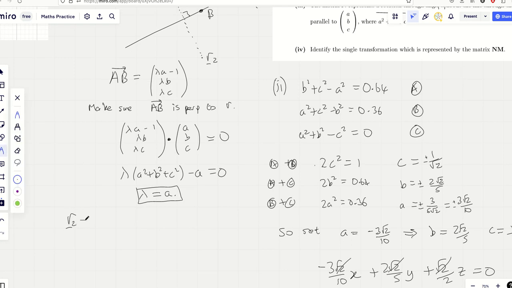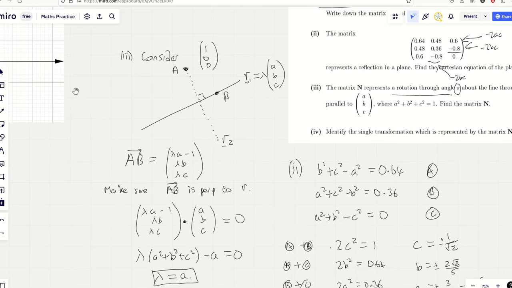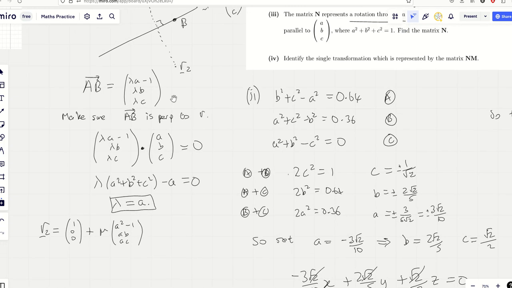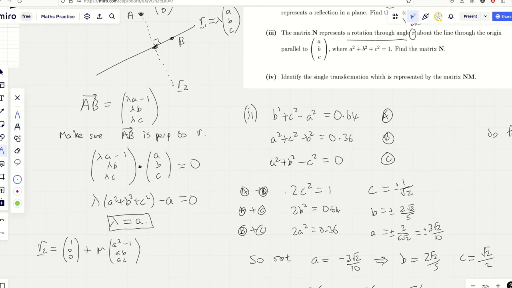And so now I can write down the equation of R2. For R2's equation, we need a point on the line, 1, 0, 0, and then we need the general direction of the line. I'm going to use mu for this. The general direction of the line needs to be this one, so I'm going to get A squared minus 1, AB, AC. Note once again that mu equals 0 here, and mu is going to equal 1 when you're at the point of intersection. Where do they intersect?